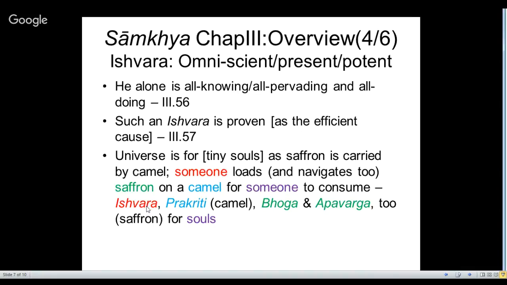So he is trying to explain to us there is an Ishwar, the camel is like Prakriti, and the load he is carrying will be enjoyed, that is the bhog, as well as the upward, because that's what the philosophy says the universe is for, bhog as well as upward. If you are vairagya, that he has discussed, still the picture is both bhog and upward going together. So saffron, for whom? For the souls, the end consumers. So this is his.